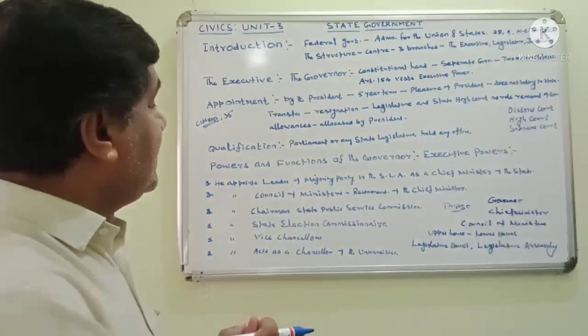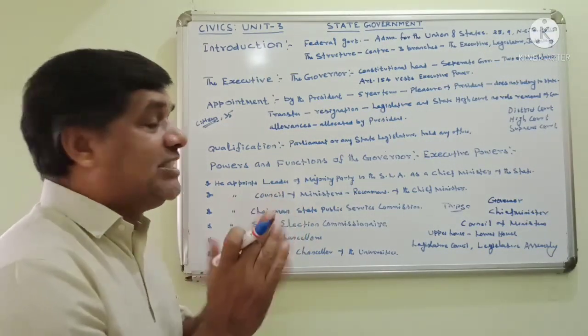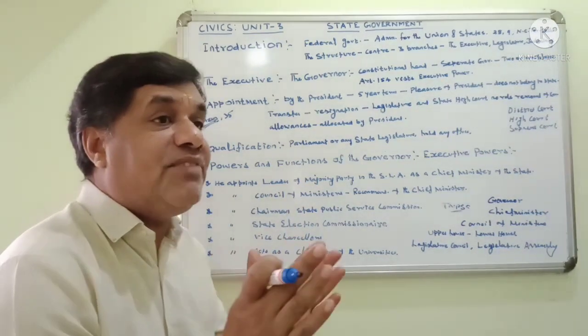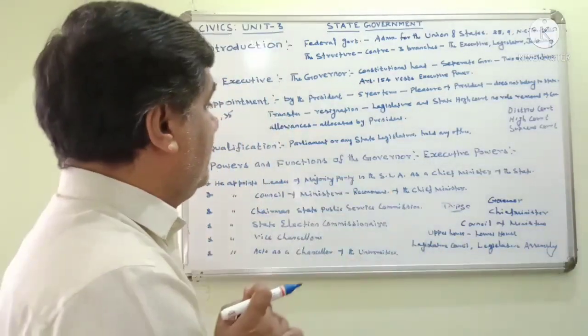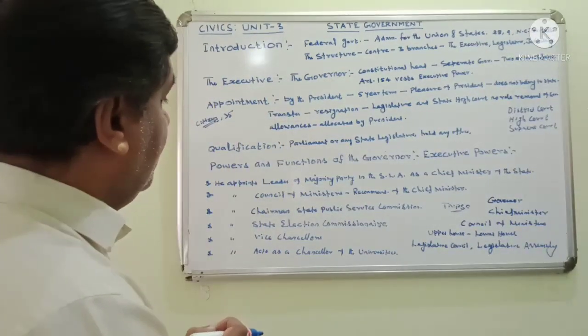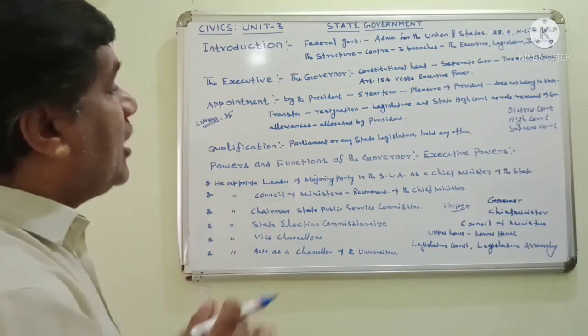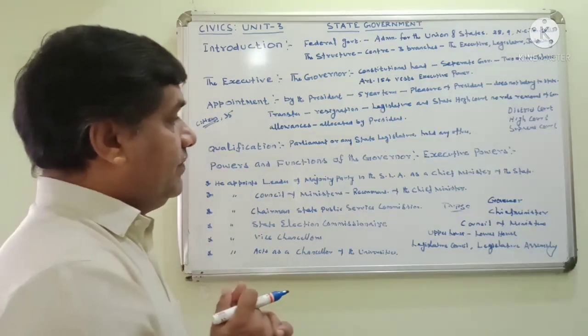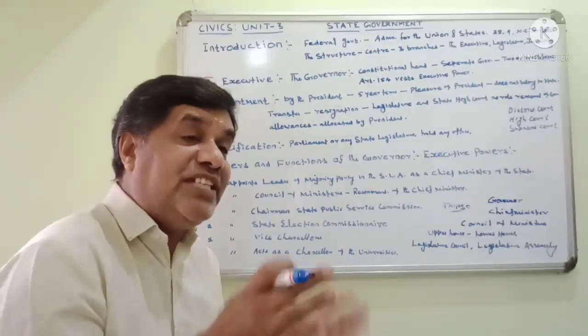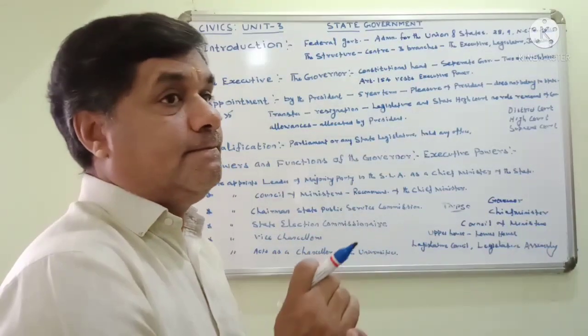The chief minister is appointed by the governor. Second, he appoints the council of ministers on the recommendation of the chief minister.